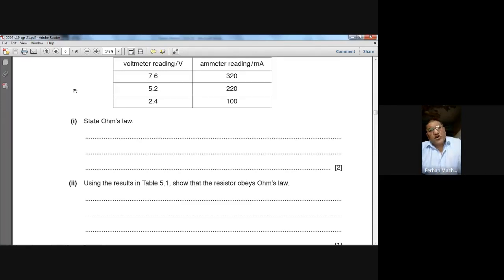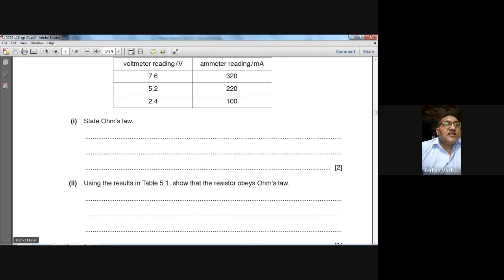Ohm's law states that the potential drop across a resistor is directly proportional to the current flowing through the resistor, provided that the physical conditions of the resistor do not change. Especially the temperature of the resistor should not change, and the resistance of the resistor should not change.